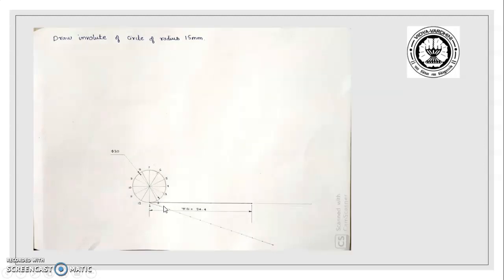Next step will be to divide the line into 12 parts. Because we are dividing the circle into 12 parts, the line will also be divided into 12 parts. We follow the method of dividing the line by drawing an acute angle, any angle, not a specified angle, and dividing this line into 12 equally spaced distances with the help of a scale or ruler. Then we join this end point with the end point of the string and draw parallel lines from the other points.